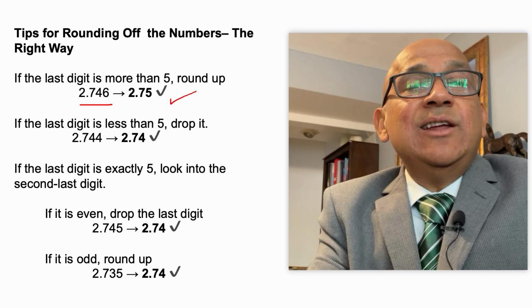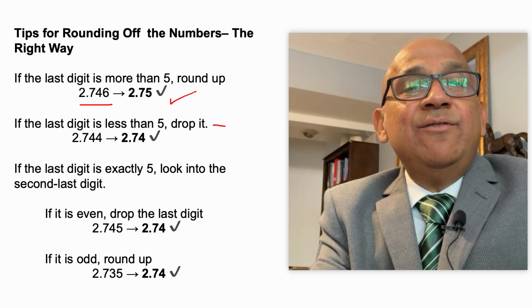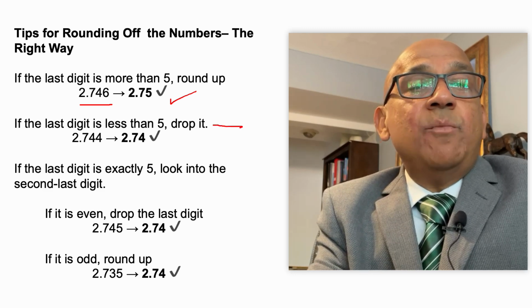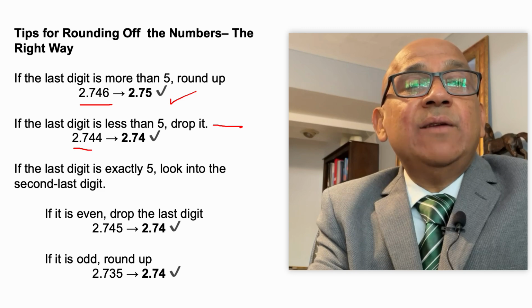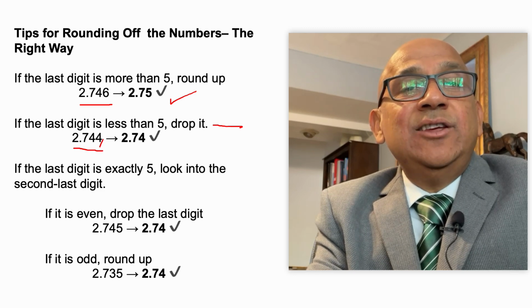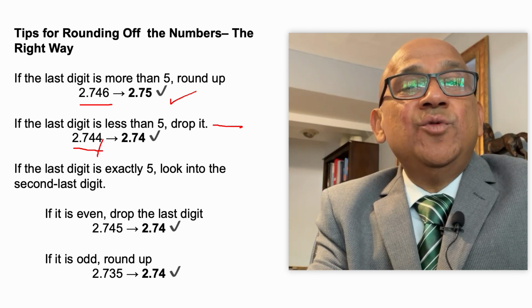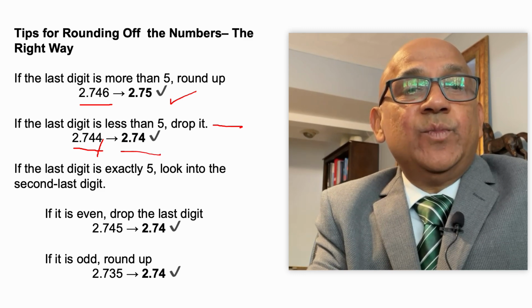On the other hand, if the last digit is less than 5, then you should drop it. For example, in 2.744, the last digit is 4, so if you want to round it, you have to drop it. So it will be 2.74.